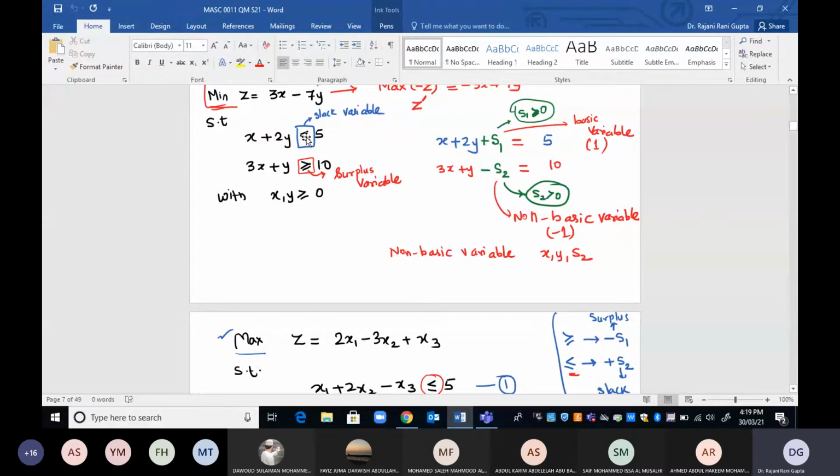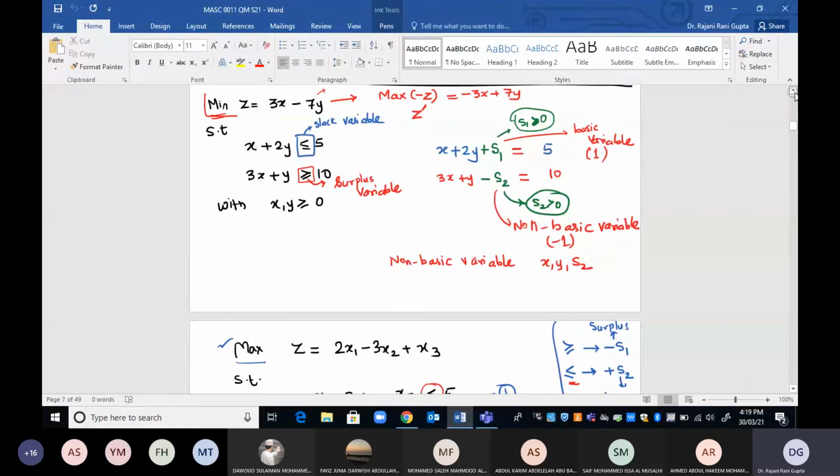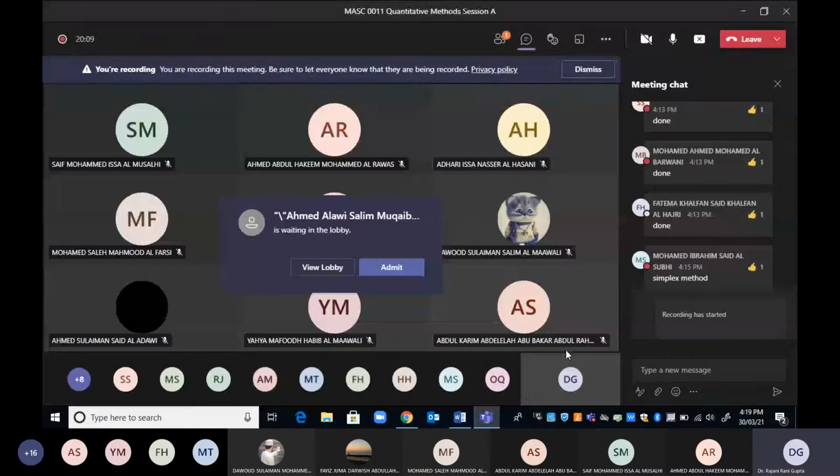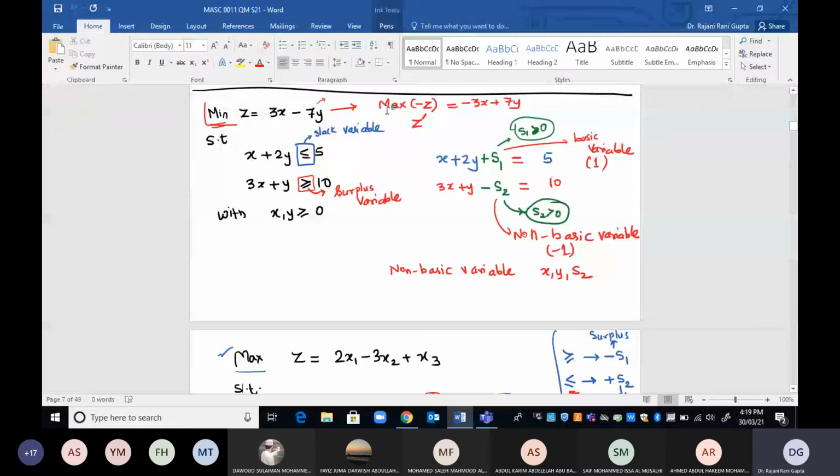For less than or equal to, we have to add the slack variable. For greater than or equal to, we have to subtract the surplus variable. And if it is minimization type, we can convert it into maximize just by multiplying the term with minus 1, both sides. So this is what we have done last time.